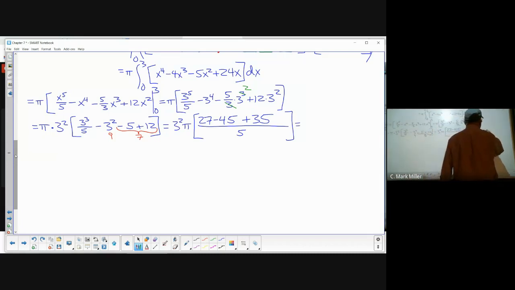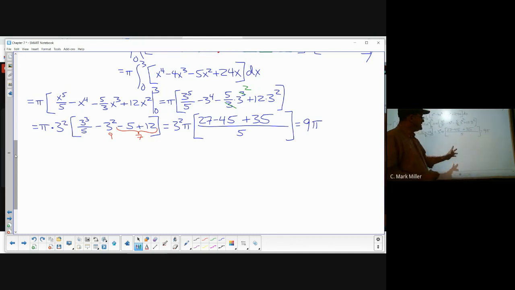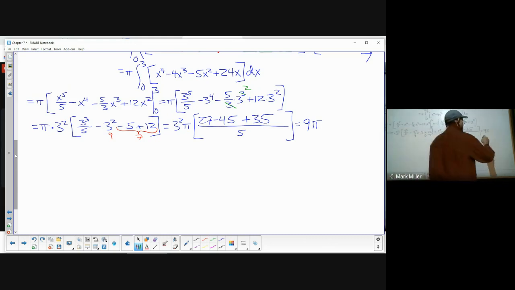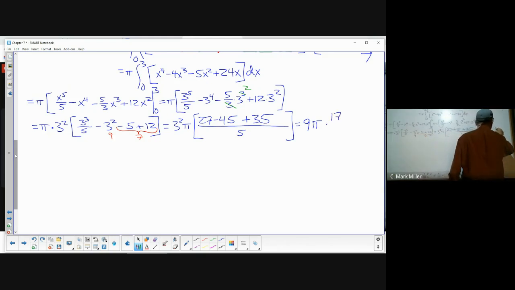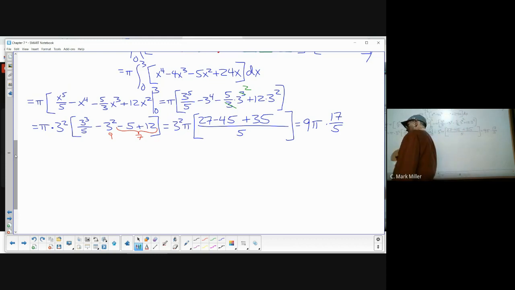equals, well, that's a 9 pi. And then inside those brackets, 35 minus 45 is minus 10. 27 minus 10 is 17. Okay. All right.